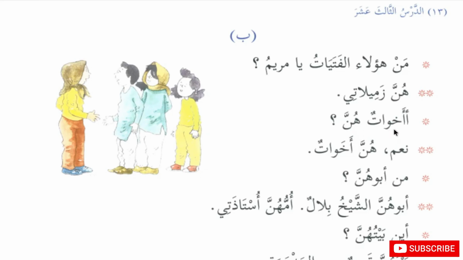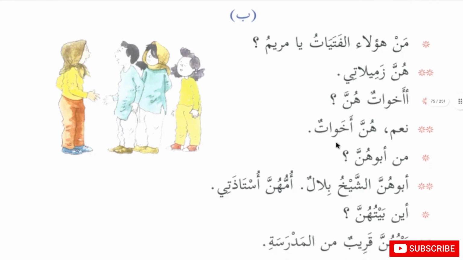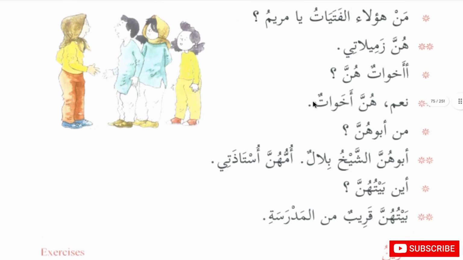Akhawat is a plural of ukht. So are they sisters? No. Hunna akhawati. Yes, they are sisters. By the way, if you say hunna here, this can only refer to females entirely. If you bring in even one male when you're referring to a group of people, then you have to use the word hum. You cannot say hunna.